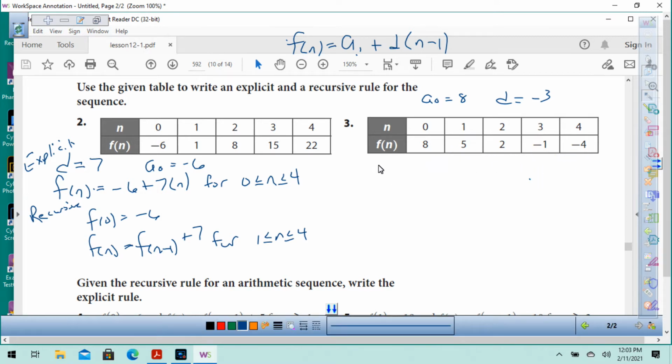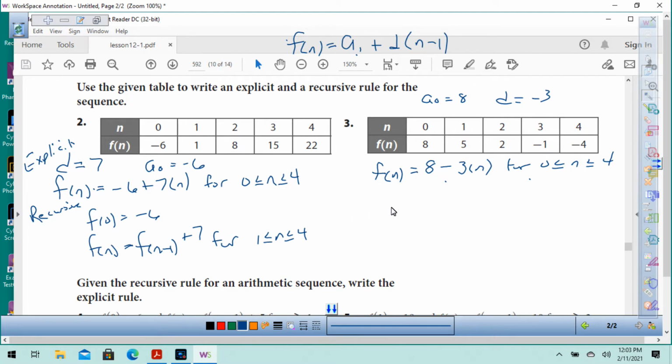The explicit rule is going to be f of n equals 8 minus 3 times n. I got it backwards there. For 0 is less than or equal to n is less than or equal to 4.